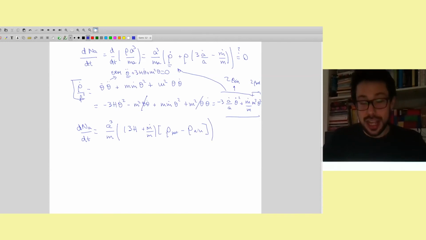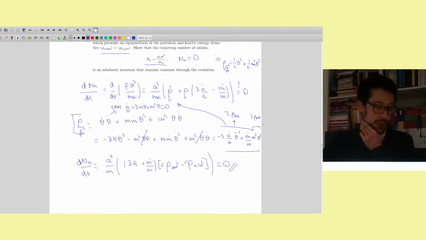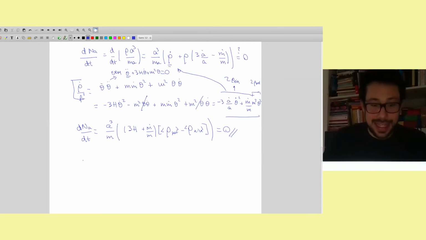And of course, as we said at the beginning, we know that during the evolution, if we take the average over many oscillations, this is nothing but 0. So by doing this, we have been able to show that N_a, the comoving number of axions, is completely constant.